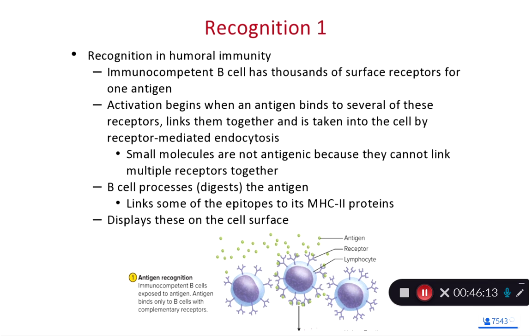So let's look at how humoral immunity differs from cellular immunity. How do we handle bacteria versus viruses? As we're looking at the recognition phase, it's going to be different from the recognition phase of our T lymphocytes. We're going to have, on the surface of our B lymphocytes, lots of antibodies.